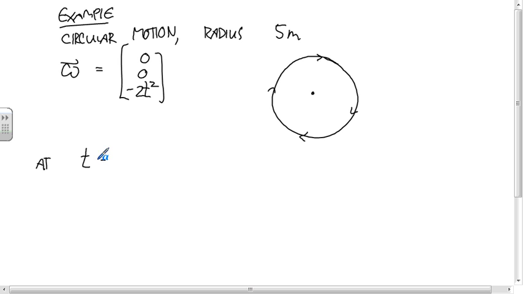Let's say that when time is equal to 2.5 seconds, our r vector is equal to 0, 5, 0. So what that's saying is, say that the instant we're concerned with is right at the top of the circle. Okay, that's our point P.